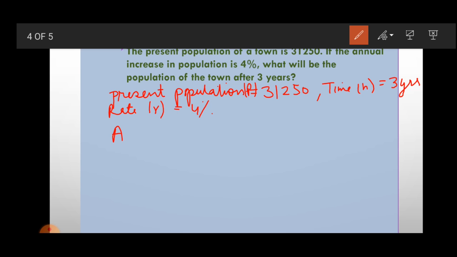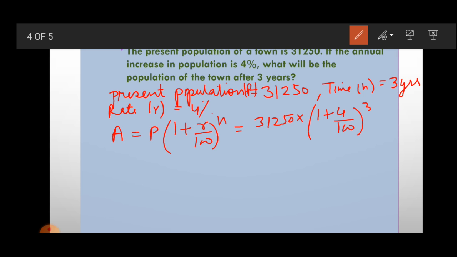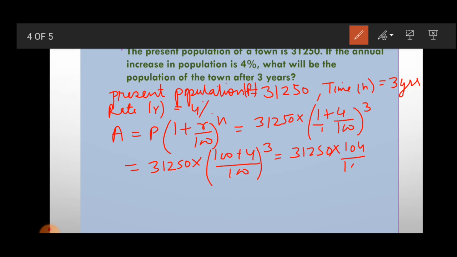So, the formula to find the amount is P(1 + R/100)^n. So, principal is 31,250 into (1 + 4/100)^3. 31,250 into, take LCM here, ((100 + 4)/100)^3, which is equal to 31,250 into 104/100 into 104/100 into 104/100.